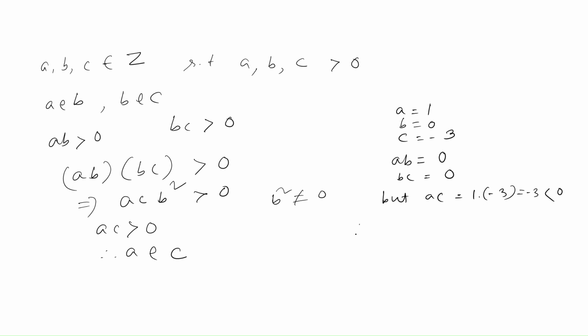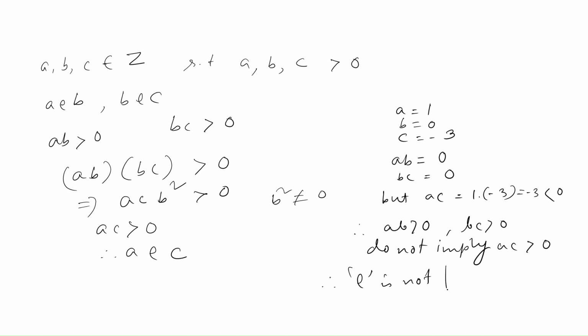So therefore, ab greater than 0, bc greater than 0 do not imply ac greater than 0. Therefore, rho is not transitive.